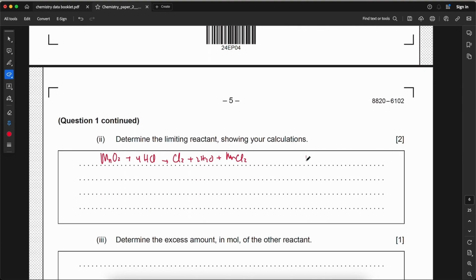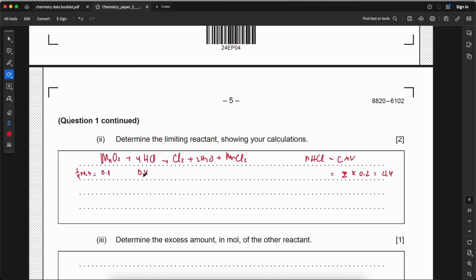So n of HCl, C times V, 2 molar times volume is 200 centimeter cube, so 0.2 decimeter cube, so it's 0.4 mole. Therefore here 1/4 times 0.4, it's 0.1.